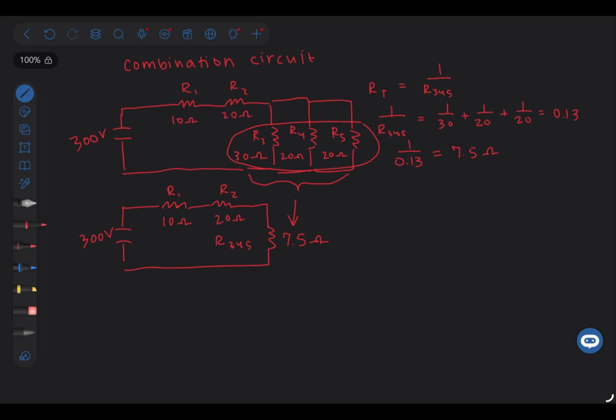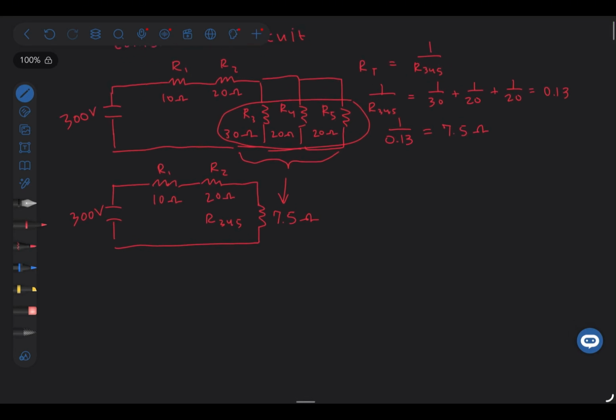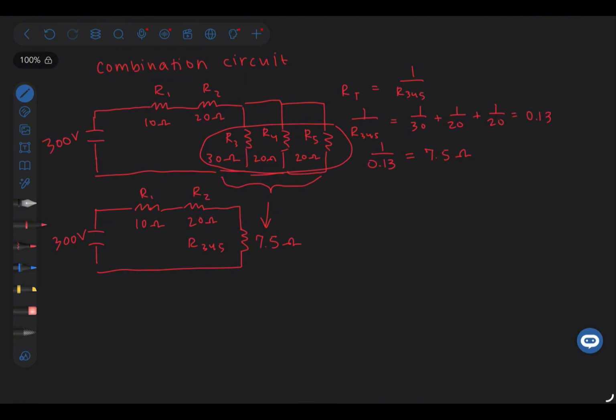Okay, and now we are going to make a table out of this. So we're going to do VT, V total, V1, V2, V3, 4, 5. And since this is now a series, we turned the parallel part into the series part. So now this will be different voltages for each section. However, the current will be the same throughout. So once we figure that out, it'll be the same for each.